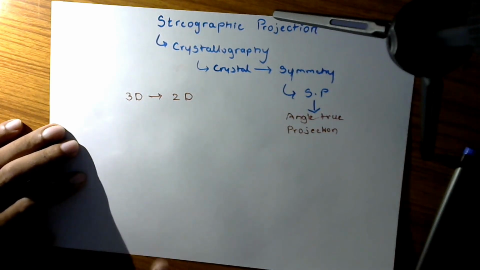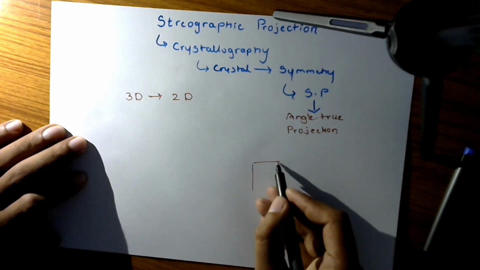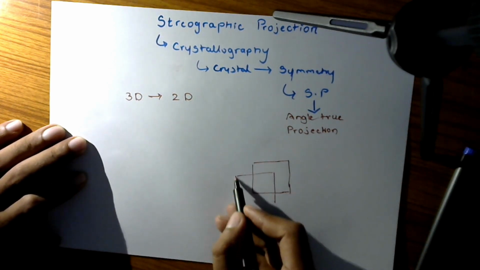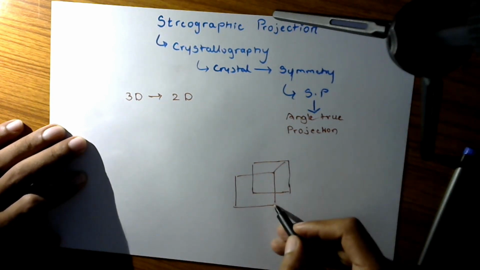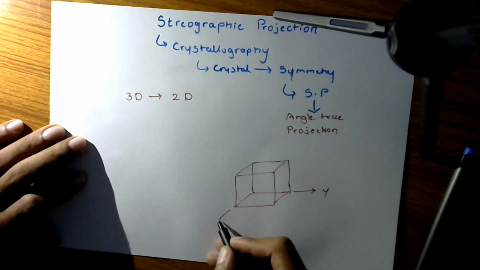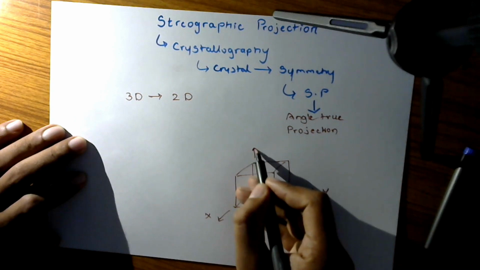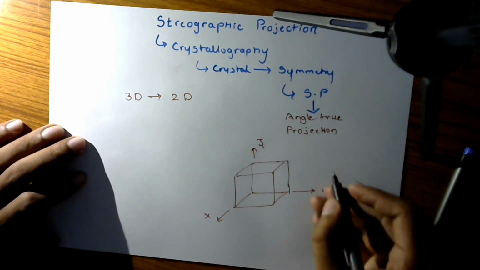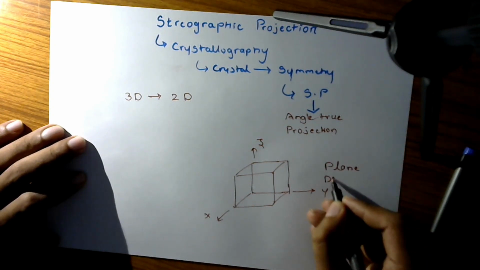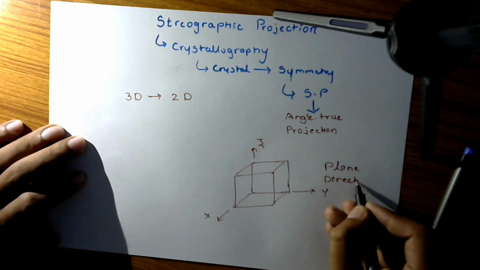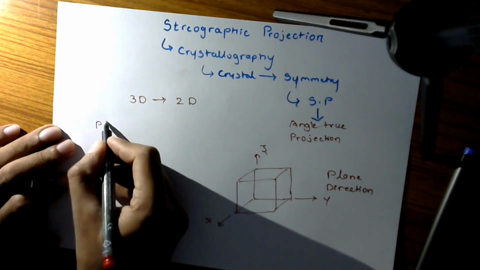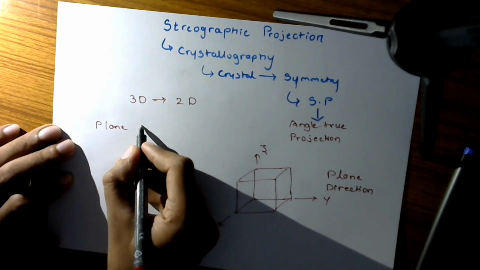We know the crystals, right? When we usually study a crystal, let me draw one. We usually deal with planes and we deal with directions. Now, a plane has a dimensionality of 2D.